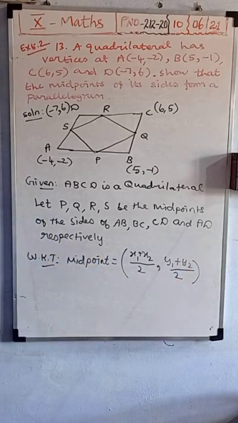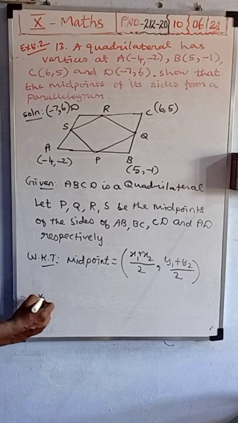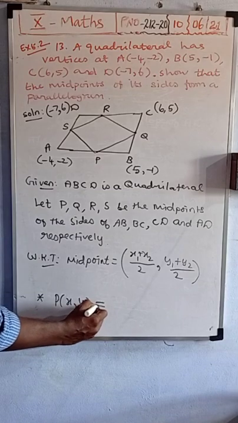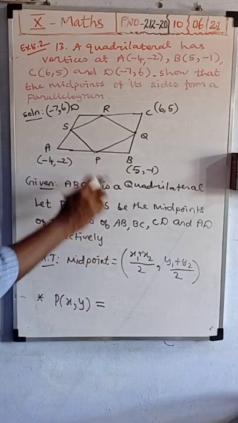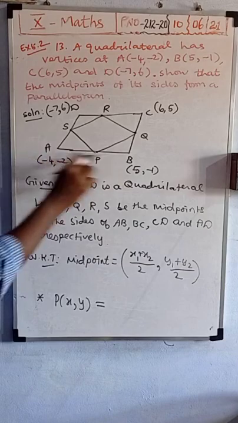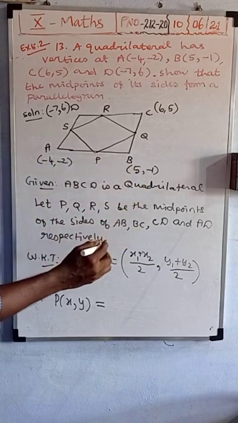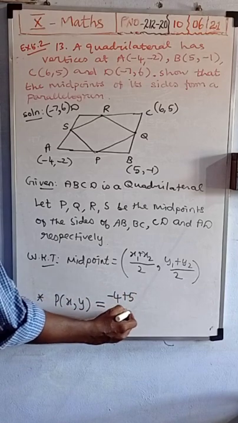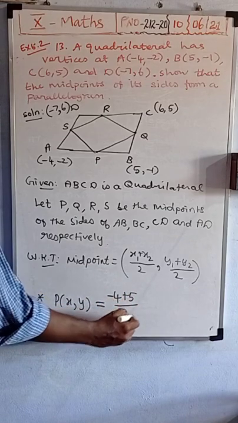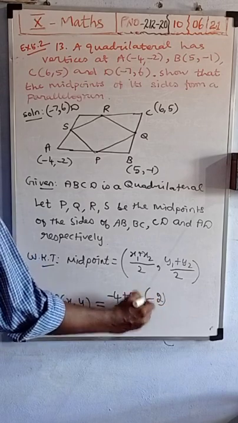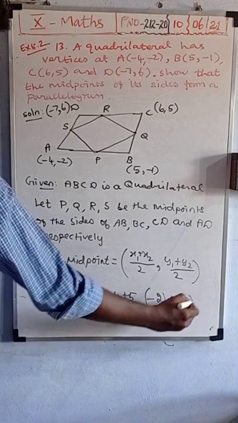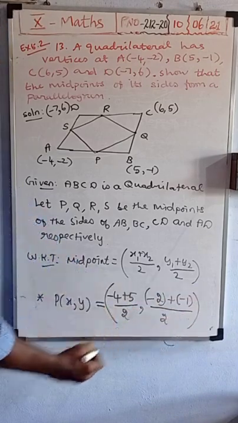Now, first AB midpoint is P. P of x comma y is (-4 + 5) divided by 2, comma (-2 + -1) divided by 2.